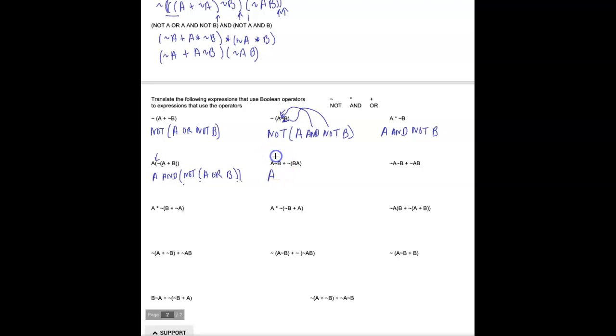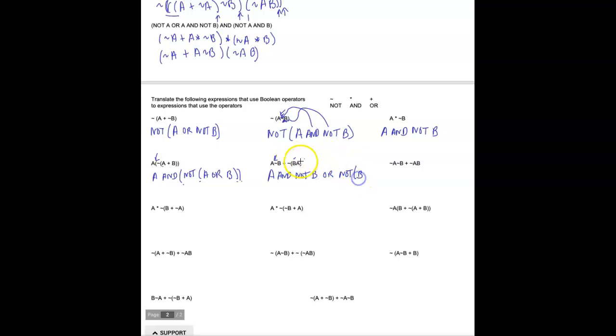A, this is really multiplication there, so it's an and. Not B, or then this not applies to a set of parentheses.